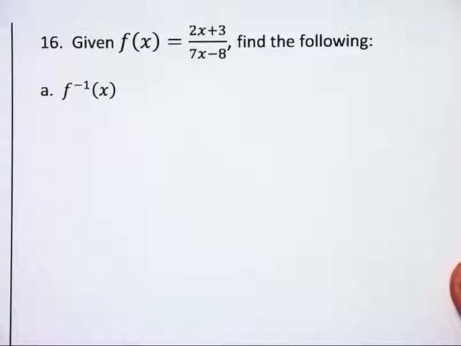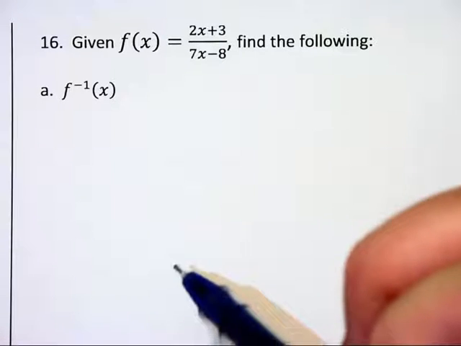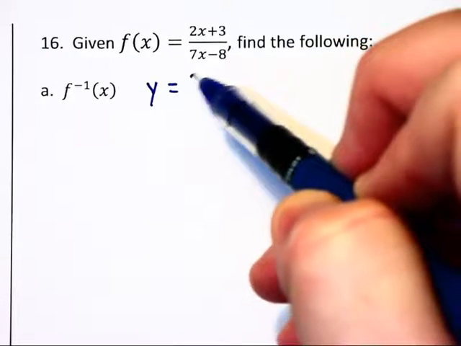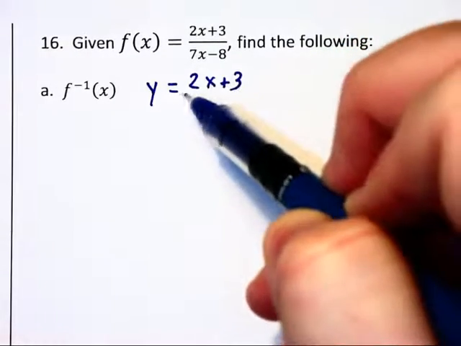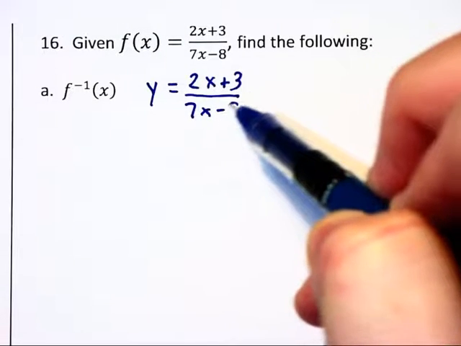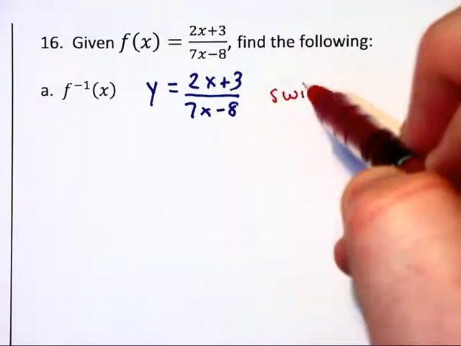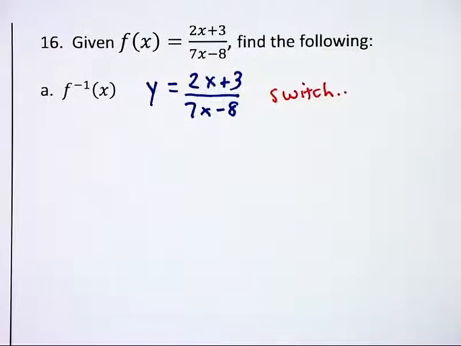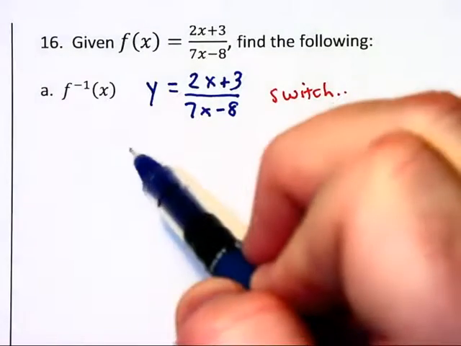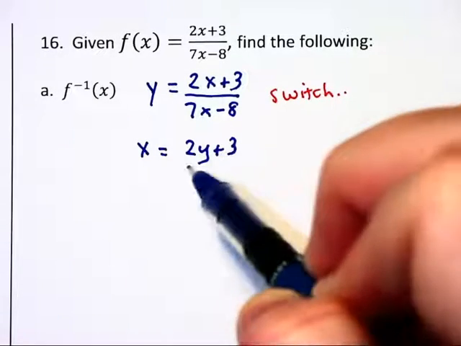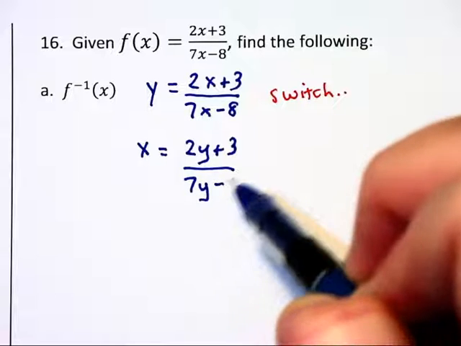Okay, let's find the inverse. This is kind of a messy problem here. I'm going to rewrite this as y equals 2x plus 3 over 7x minus 8. And the first step of finding the inverse is to switch x and y. That means we're going to have instead x is equal to 2y plus 3 over 7y minus 8.